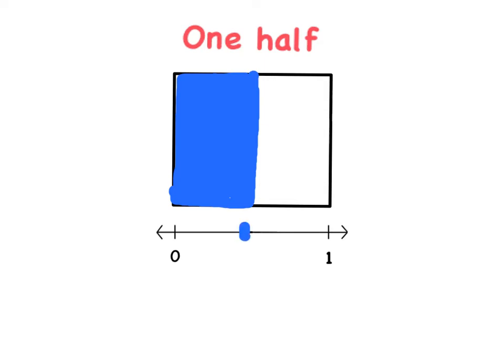So here we go, I've cut it into half, 2 equal parts. And this part here would represent 1/2. And I'm going to write that there just for you to see. That would show 1/2 on the number line. It's half of the number line between 0 and 1.